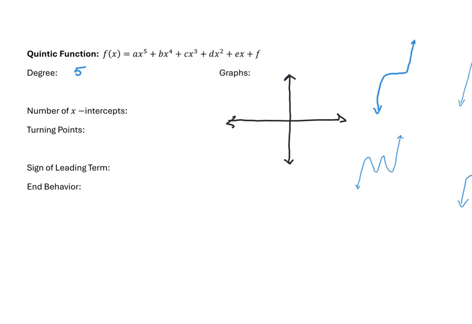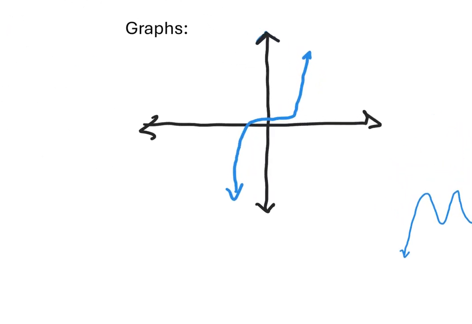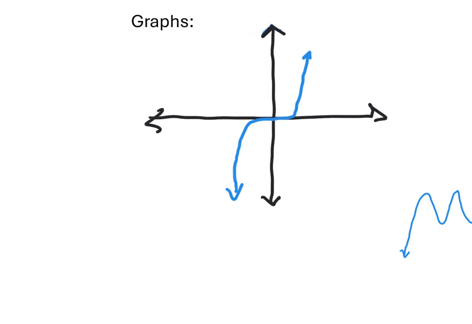Okay, the first one that we are going to look at is our basic quintic. And our basic quintic is going to look like this. It looks like a cubic function, okay? But just like we saw with our quartic, when we look at where it kind of comes in at the middle, again, it's going to be very, very shallow, and then it takes off very quickly.